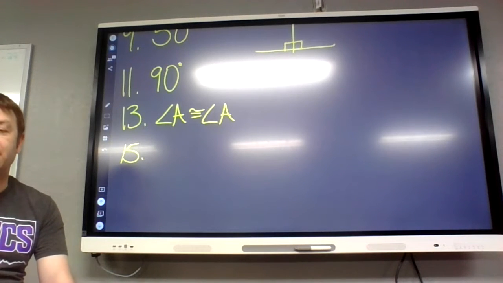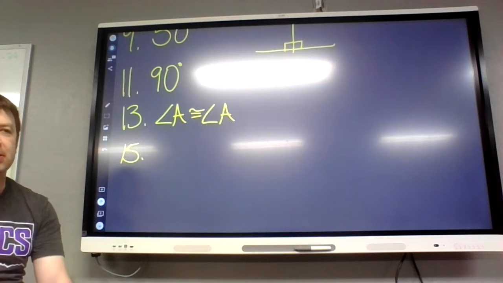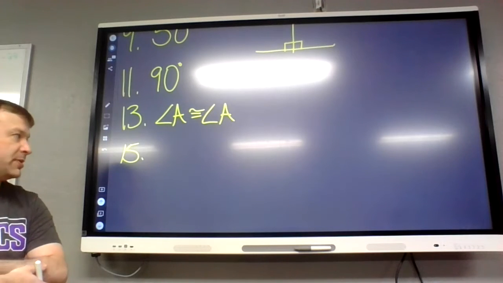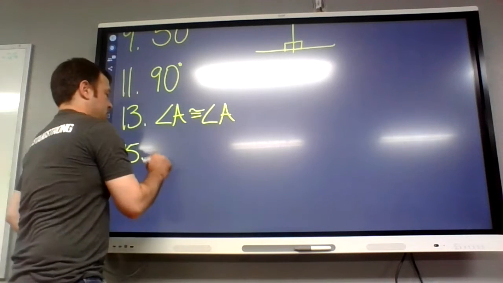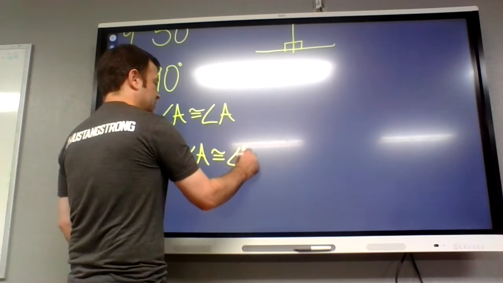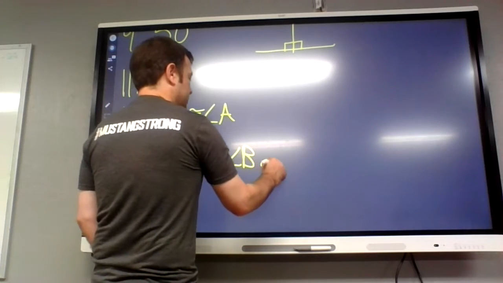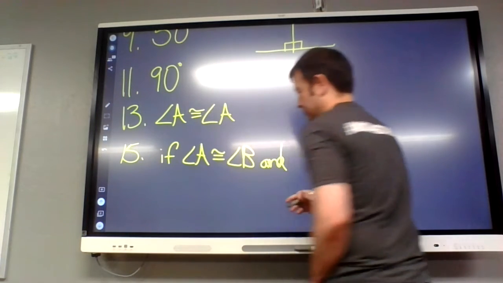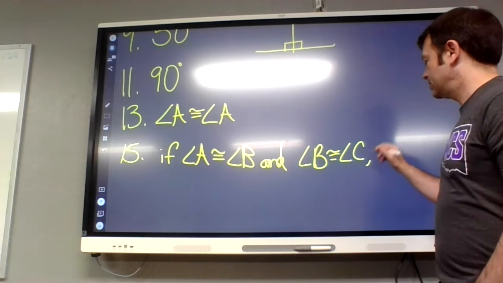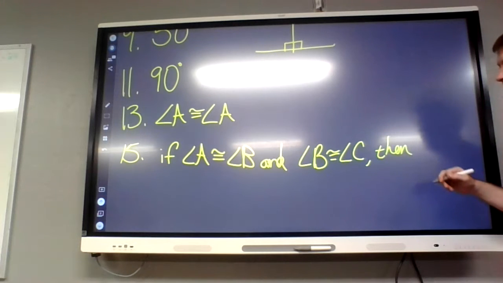Number 15. Transitive property. What was the transitive property? If A equals B and B equals C, then A equals C. Right. So how can we do that with angles? If angle A is congruent to angle B, and angle B is congruent to angle C, then what do we know?